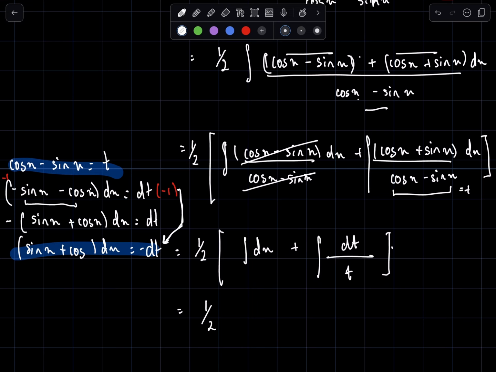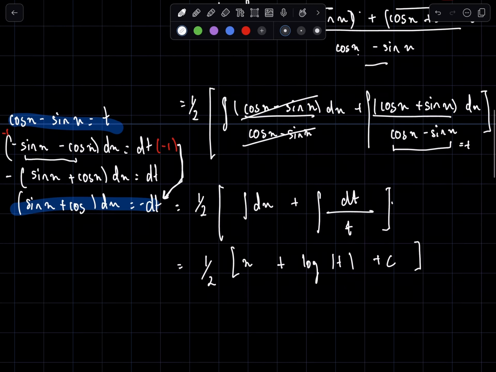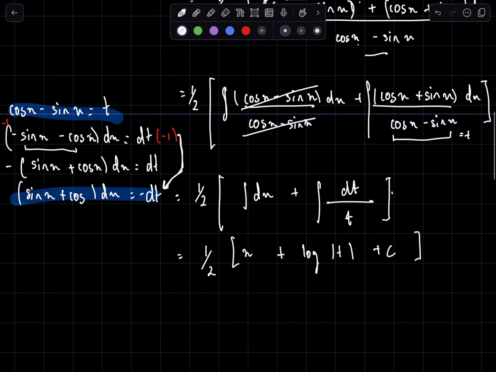So half of integral of dx is x plus log of t plus c, right? So what is your t value? Cos x minus sin x, which is equal to half of x plus log of cos x minus sin x, just substituting, plus c.